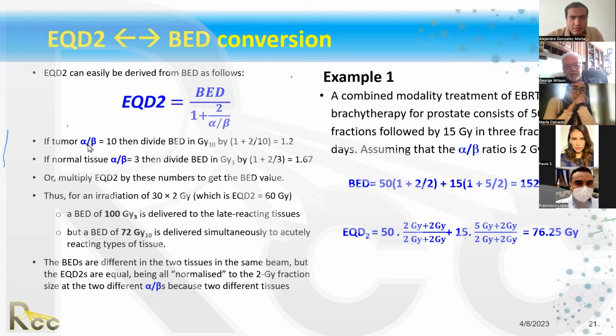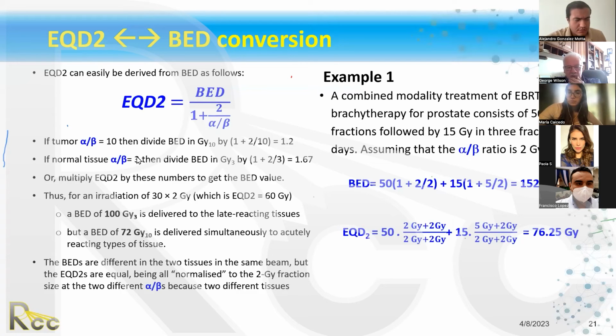And so what you can then simply remember is that if the alpha beta ratio is 10, then for the BED in gray 10, you would divide it by 1 plus 2 divided by 10, the alpha beta ratio, and that would give you a value of 1.2. So you can simply convert BED to EQD2 by dividing the BED by 1.2 if the tumor alpha beta is 10.